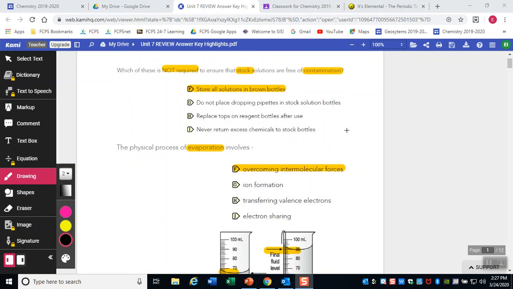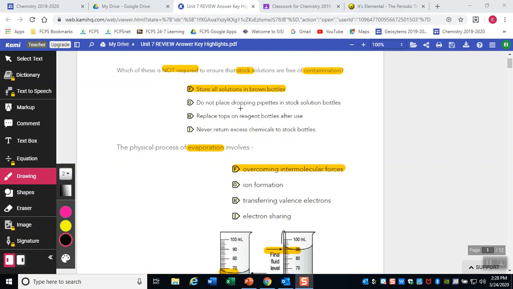So the first question is about which one of these choices is not required to ensure that stock solutions are free of contamination. So all of these things would keep your solution free of contamination, right? The stock solution bottle is the one that everybody uses, so you want it to be not contaminated.